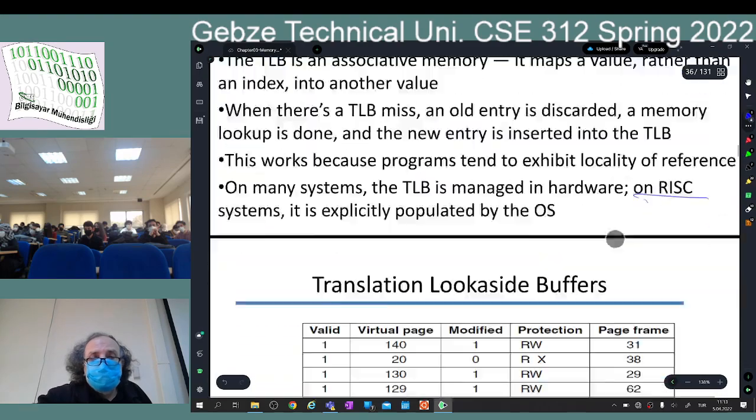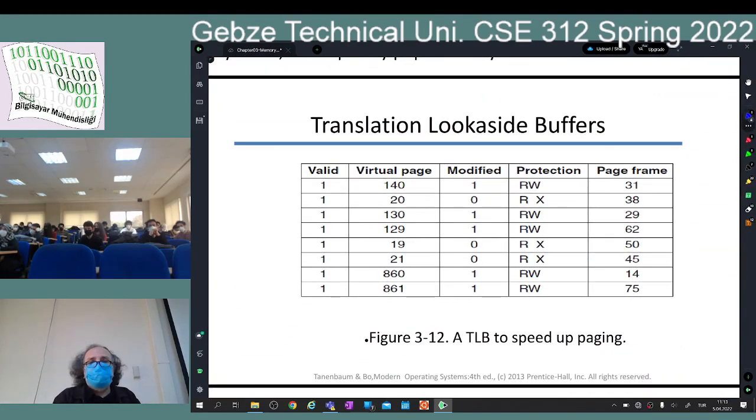So here is one example TLB of maybe 1, 2, 3, 4, 8 entries. Inside my TLB, it is a little bit different from my page table entries. In page table entries, I didn't have this column, right? I didn't have the virtual page number. I had the modified and reference bits.